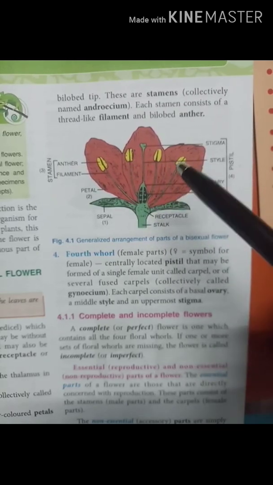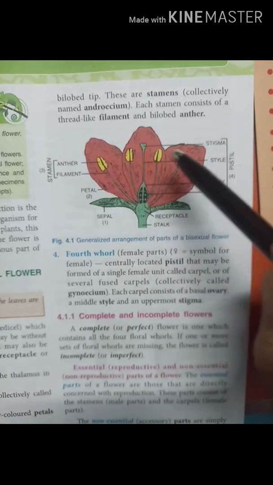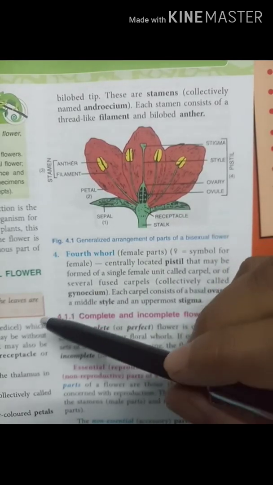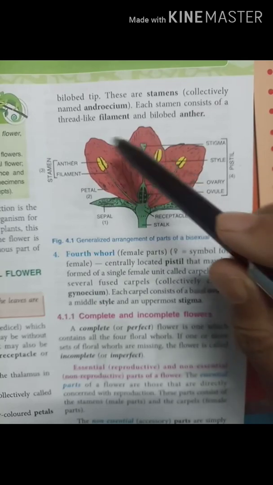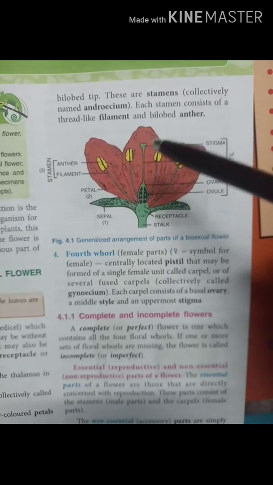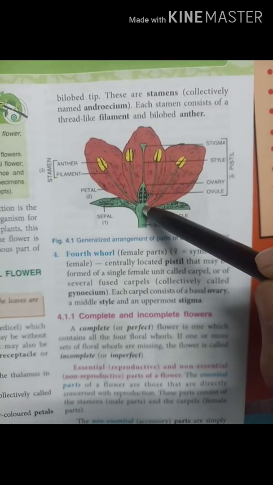Now, the floral parts are borne on the thalamus in four different circles, technically known as whorls. Whatever floral parts are present in the flower are arranged on the thalamus.